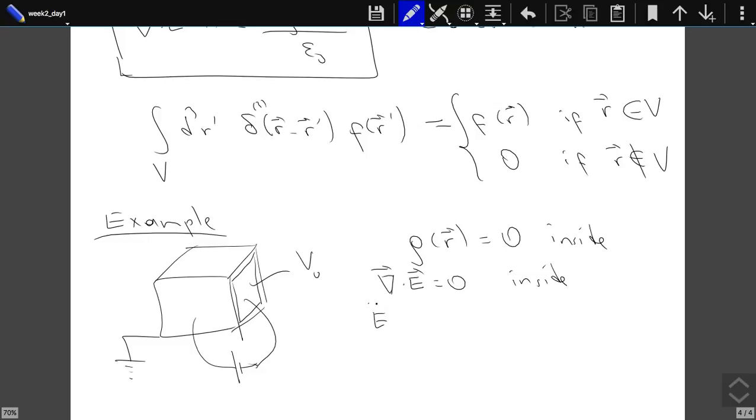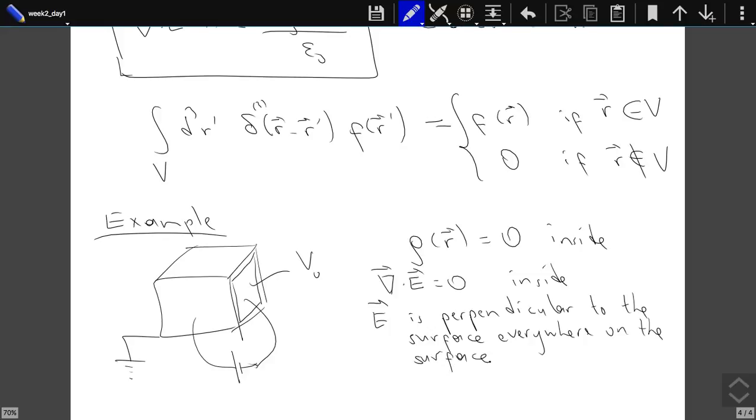We know that E is perpendicular to the surface everywhere. We don't even need to know its value. So this is our boundary condition.